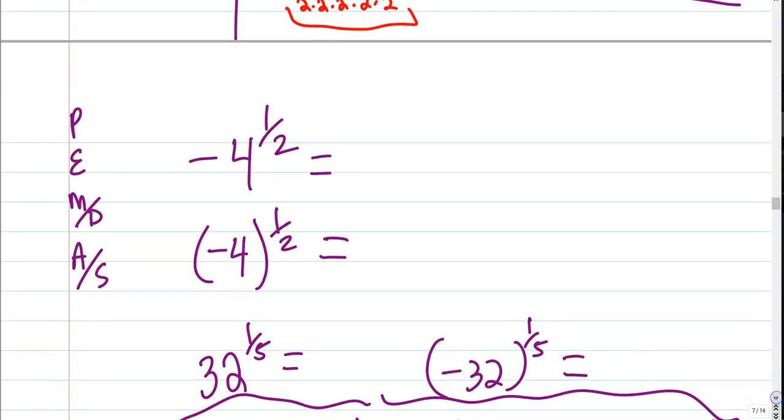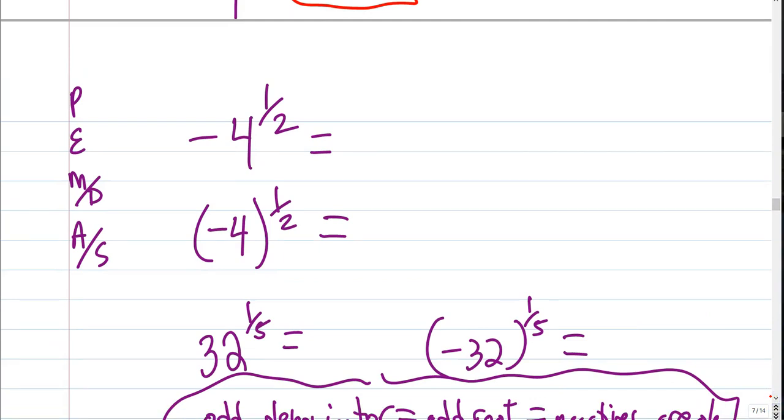Be careful with negative 4 to the 1/2. It is very tempting to call this the square root of negative 4, but that would be wrong. How would I know? Well, order of operations. This negative 4 to the 1/2 has two things going on. It has an exponent, and it has a negative, which is multiplying. What happens first? See, this is really negative, and then 4 to the 1/2.